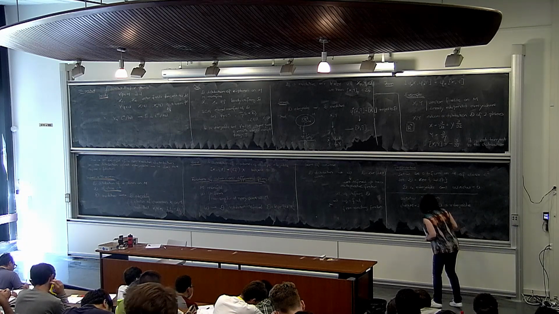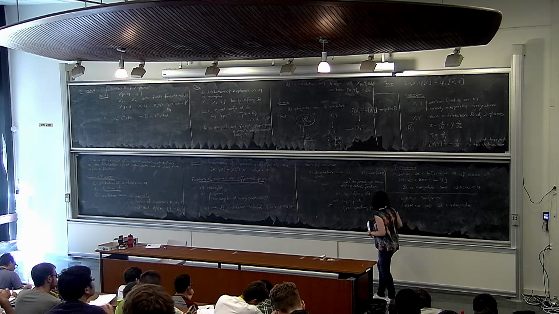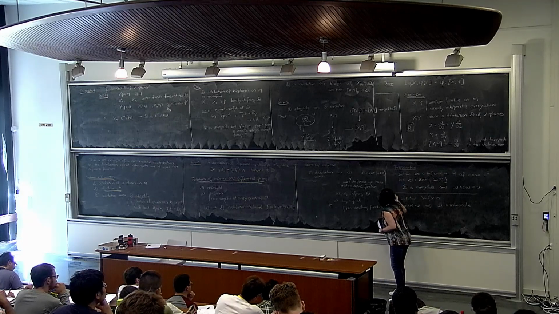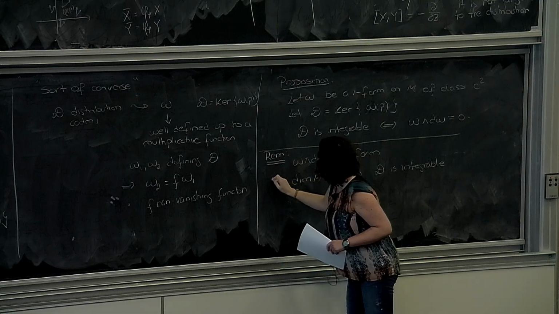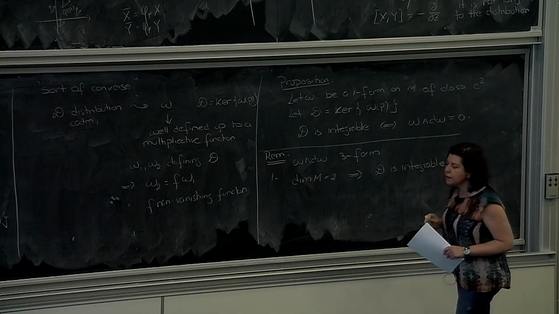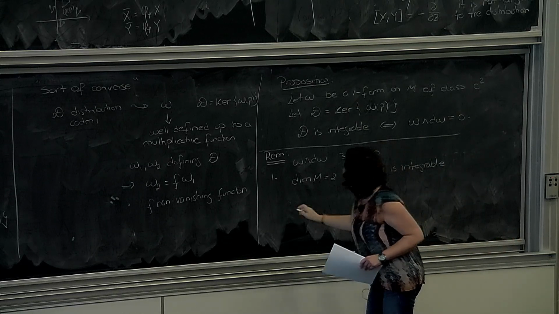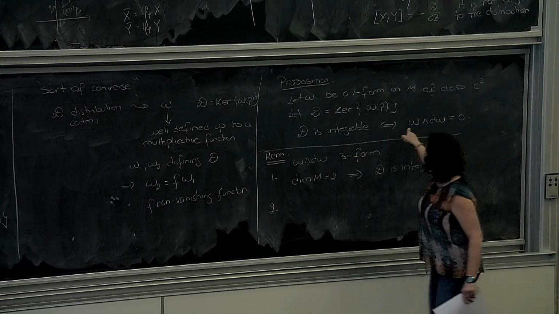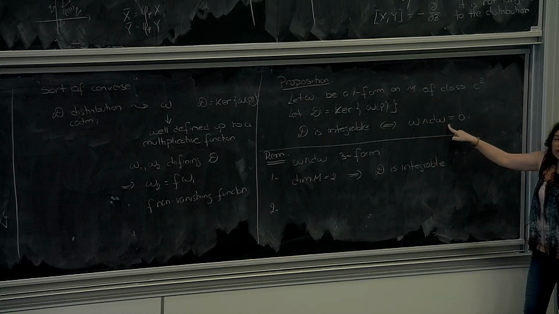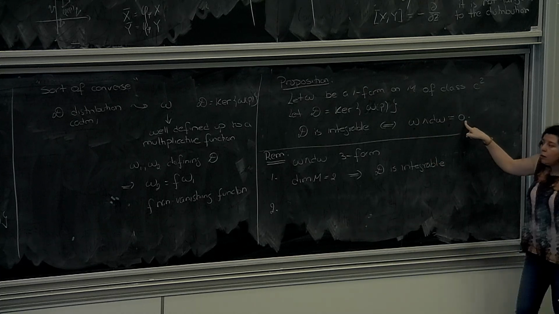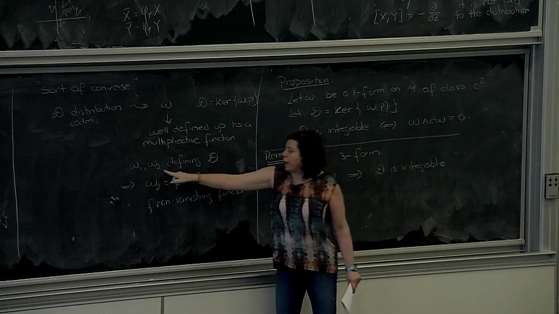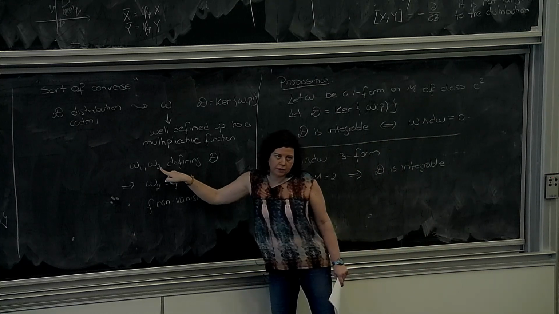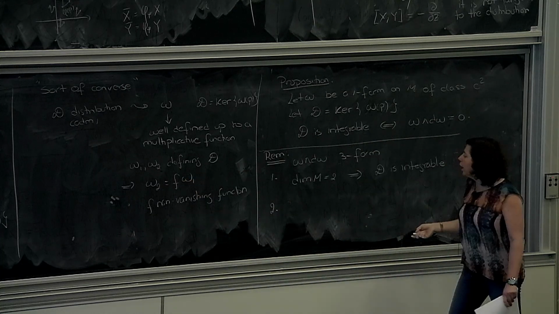And another remark that I should make is the condition omega d omega to be 0 does not depend on the representative of the distribution that I choose. Okay?